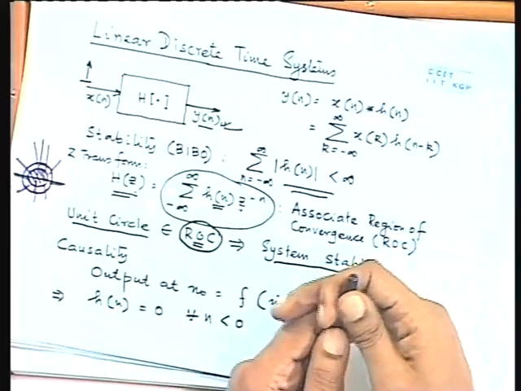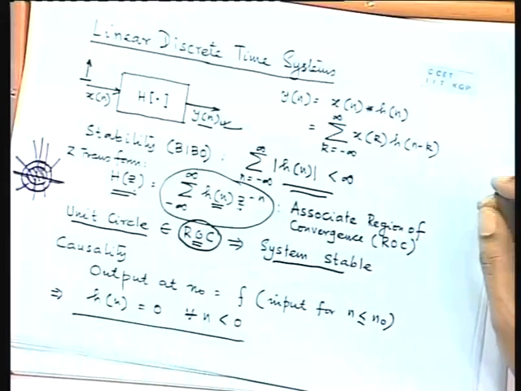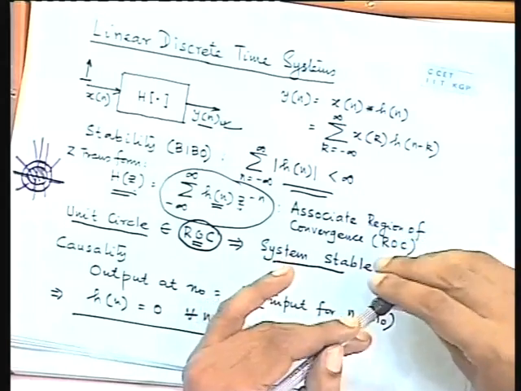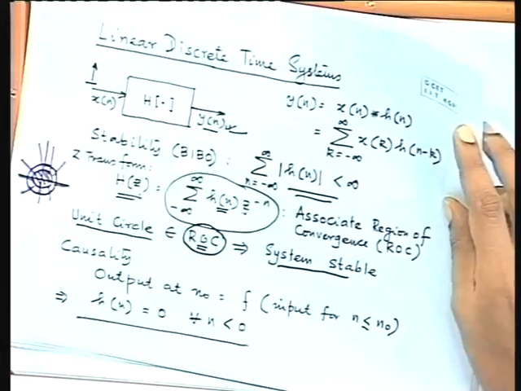So if you additionally impose this condition that h[n] equal to 0 for all n less than 0, then you get a causal impulse response sequence. Okay, and when we have to derive certain results, we will always assume this implicitly, we may not always say it.